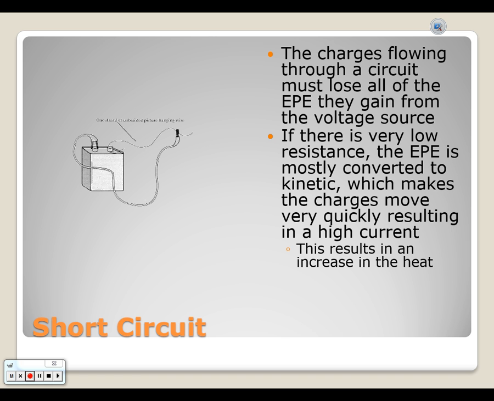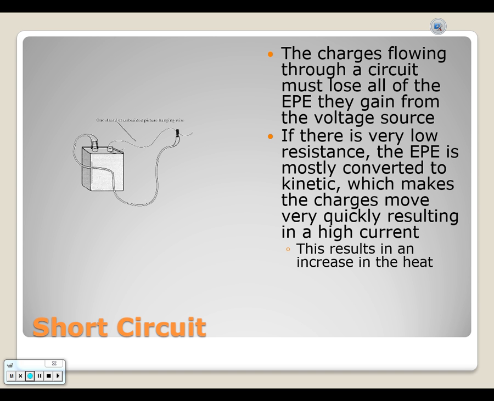The current is very high. Going back to Ohm's law, V equals IR. Low resistance allows high current. So with very low resistance between the terminals of the voltage source, the current is very high. And that's your next phase.